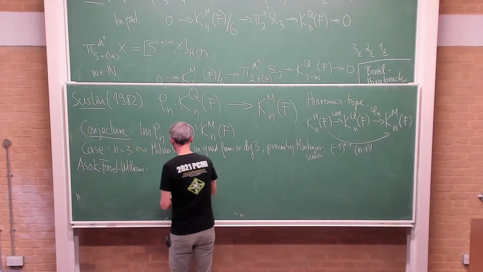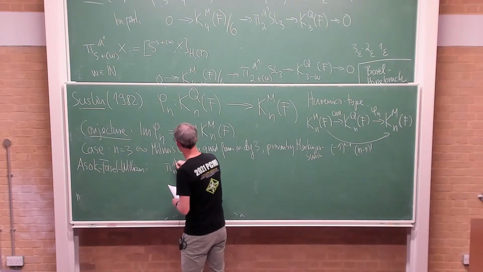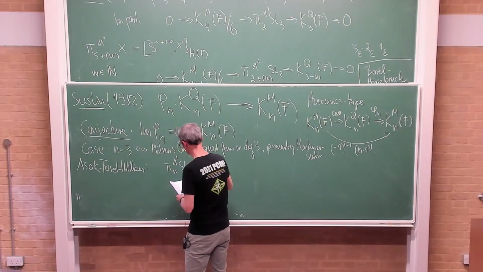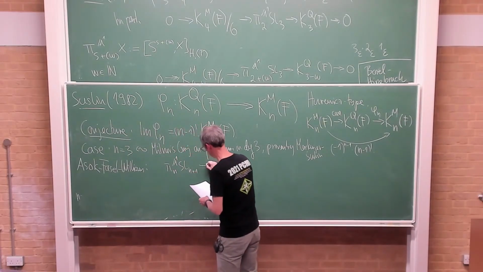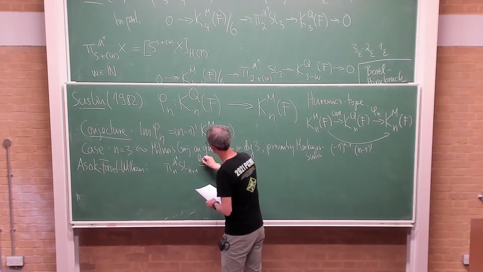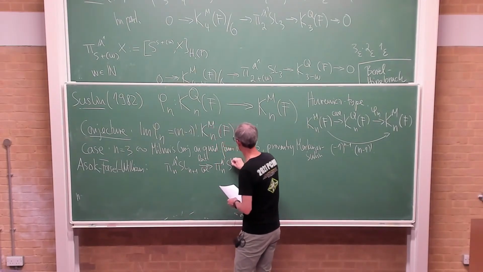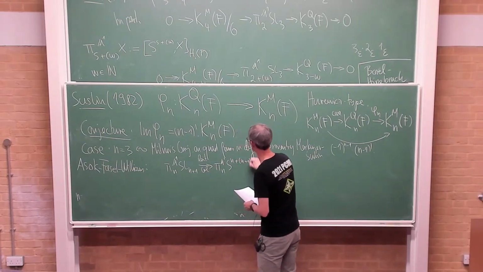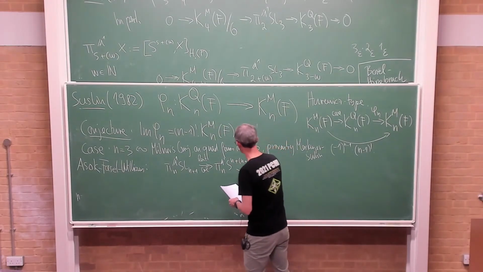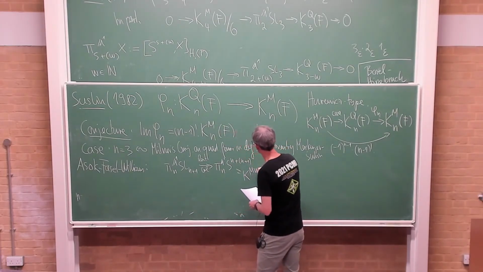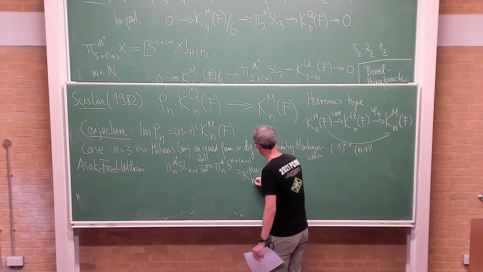This is the following situation. You have pi n SLN plus 1. You have the last column map to pi n Sn plus brackets n plus 1. So this here is Milnor-Witt K-theory degree n plus 1.